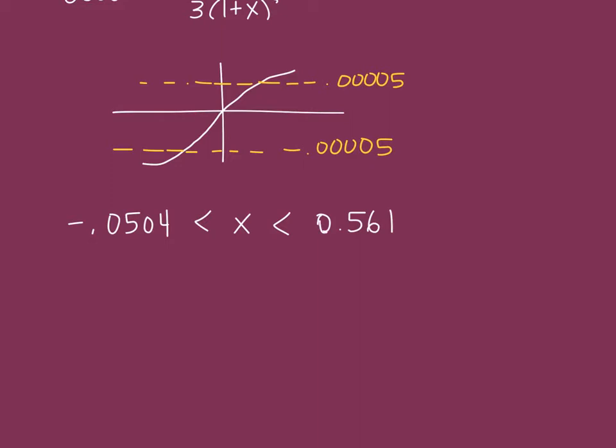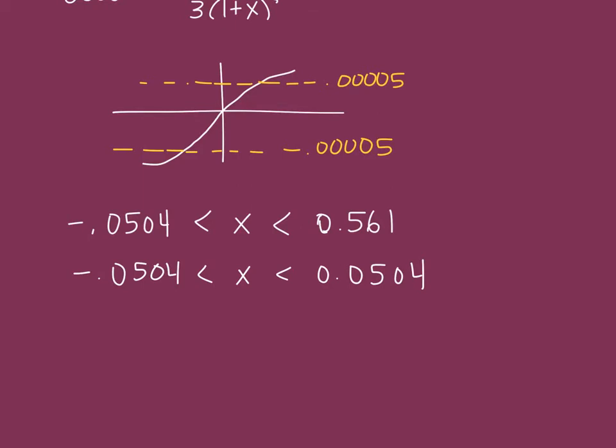Which of those numbers is smaller? The negative one is smaller. We want to make this interval as small as possible, so center the interval. So x must be between these values, made even smaller so that it's centered. That's the x.